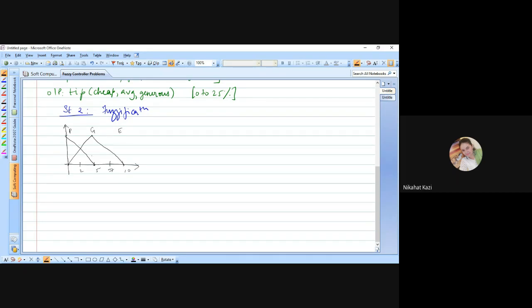But if you're solving it along with me, then we should get the same answer. Because of that, it's better you take this. So this is for service. Service is X. This is mu of X. Similarly, you have the food quality, the next input. Service is done. This is food quality. Again, I'll take the same values. It will be similar only.